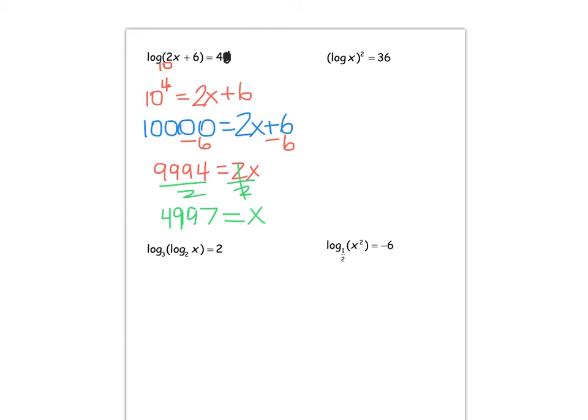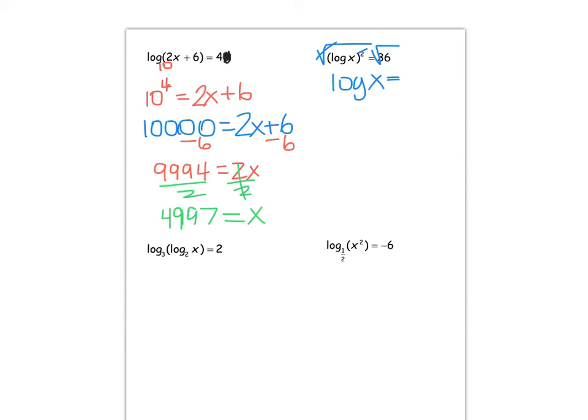The one next to it, you'll see right away that there is a little difference here in that there's a square. So in order to do anything with this one here on the right, we're going to have to undo the square to get the log by itself. So we would get log x equals the square root of 36.